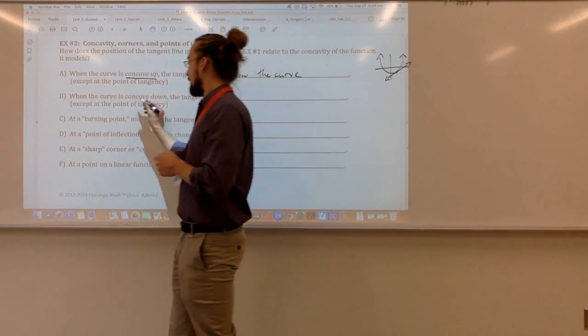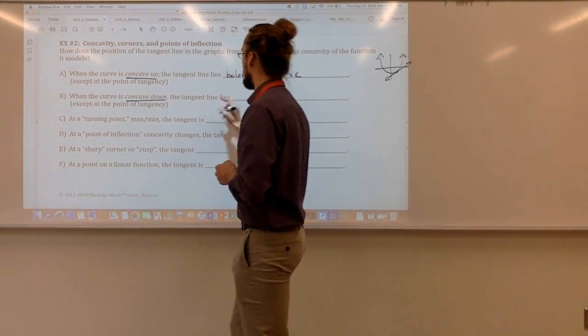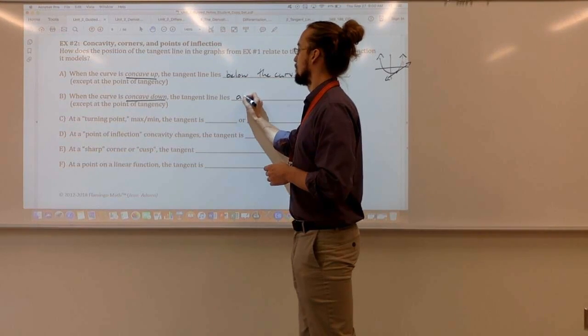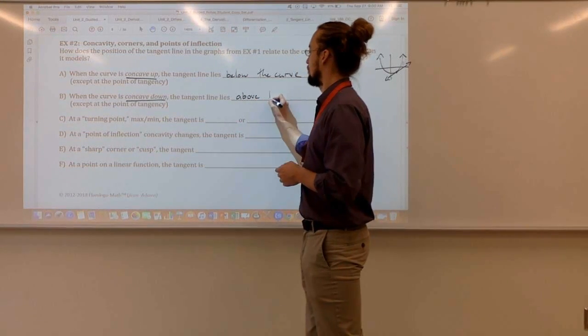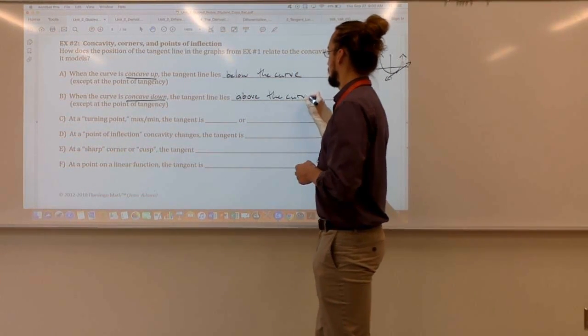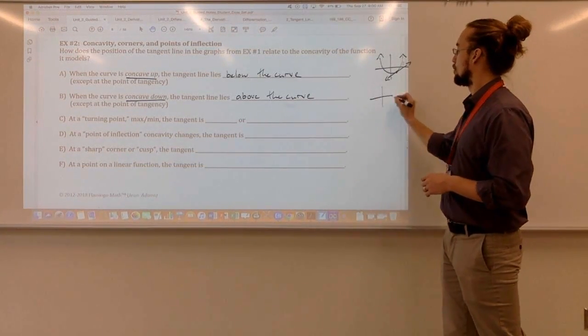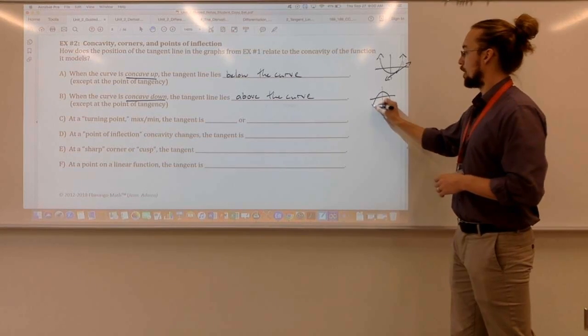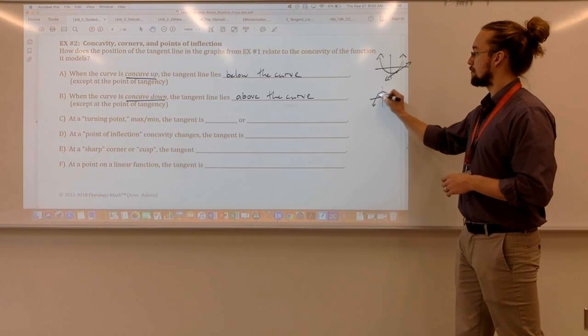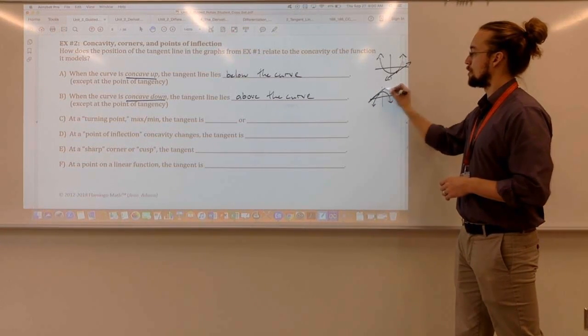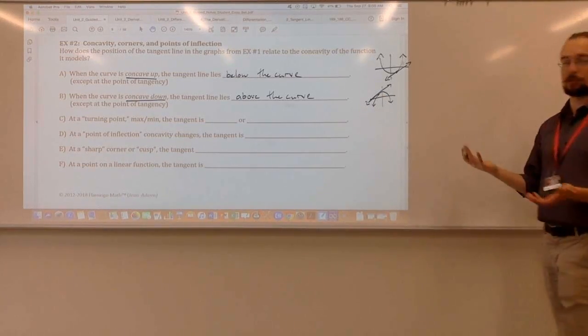The curve is concave down if the tangent line lies above the curve. If I were to draw a negative parabola and choose a point, you can see that the tangent line lies above the curve.